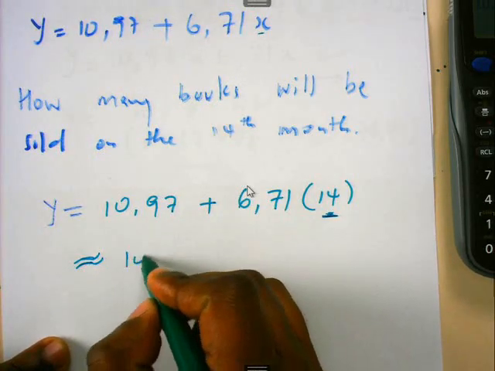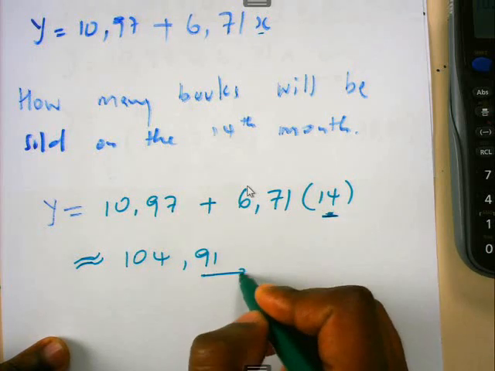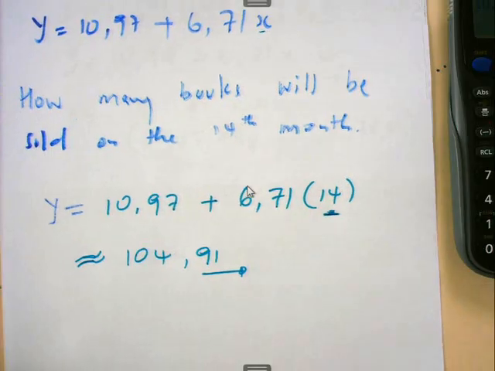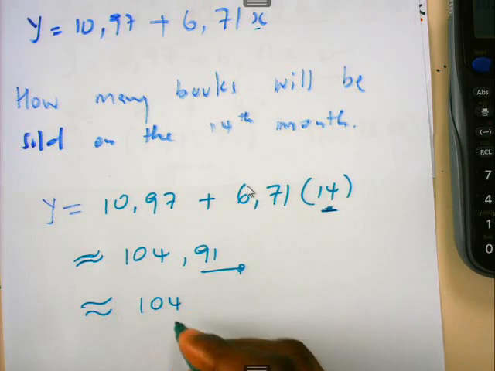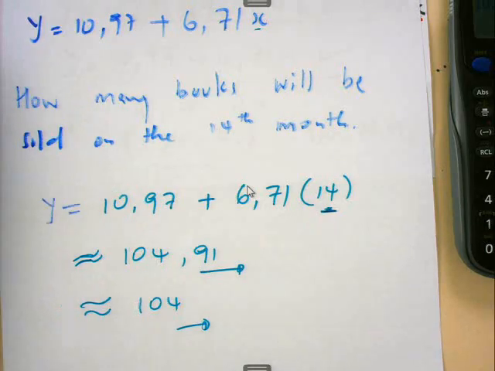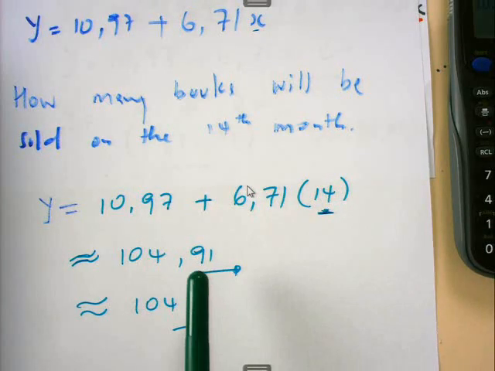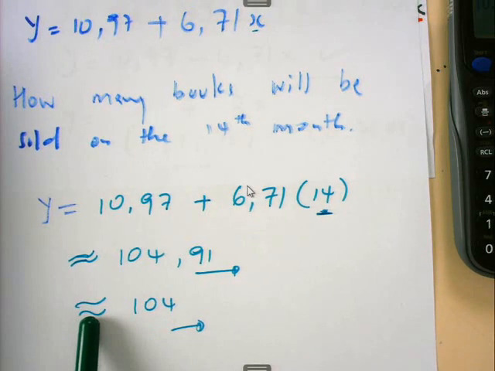The estimated value is you may sell 104.91 books. It can be 104 books or it can be 105 books, it depends. But because it is the number of books, we can't leave it as 0.91, because the number of books needs to be a standing unit. 104, but it is an estimated value.